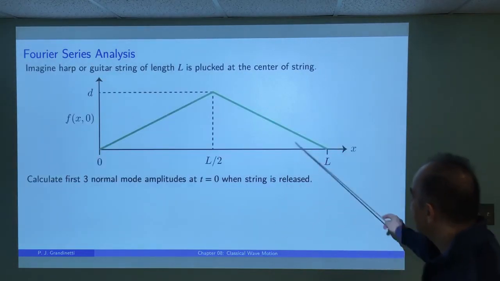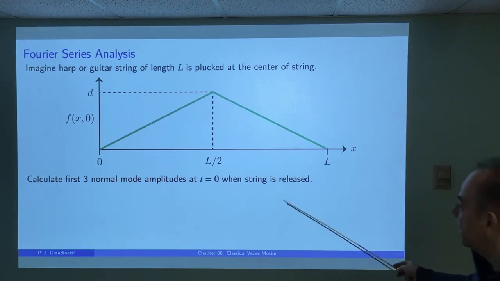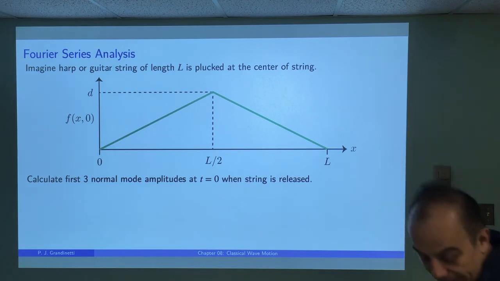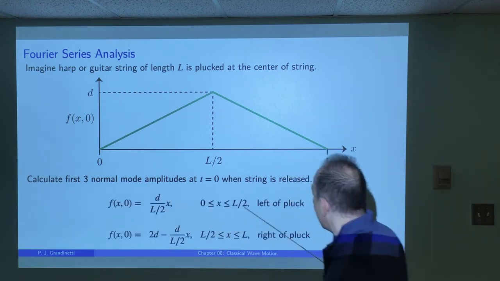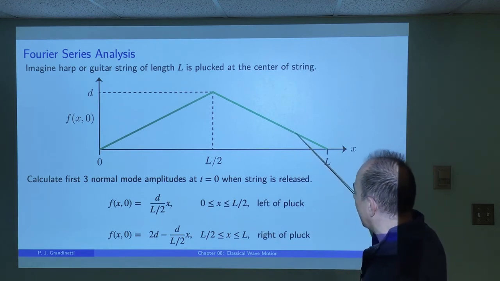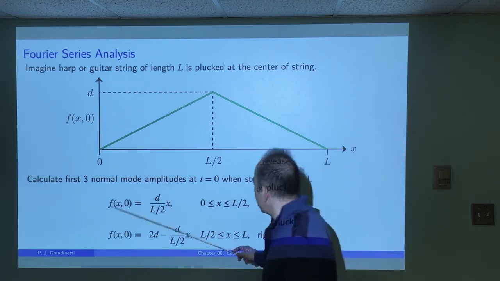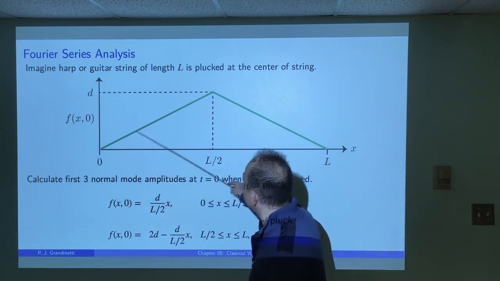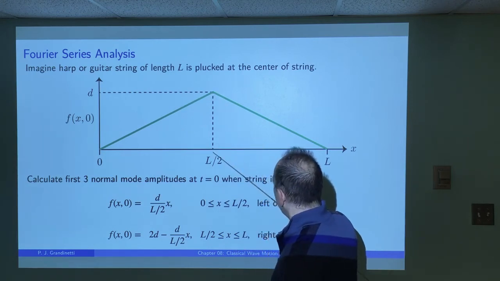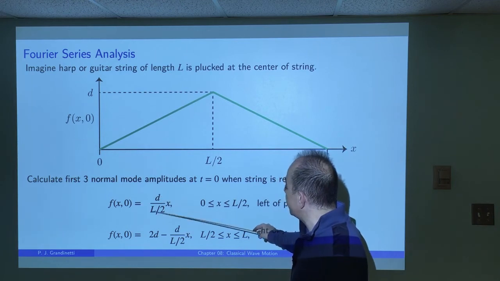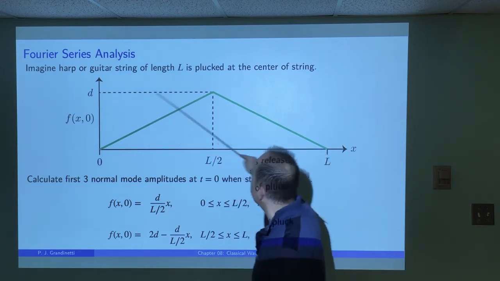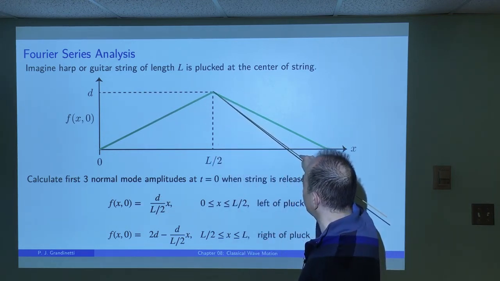So we're going to take that shape, and we're going to calculate the first three normal mode amplitudes that contribute to making that shape. First I have to write that wave function that describes this. If you look at this, it's not so bad. You have a straight line up to L equals L over 2, so that means it has a straight line with the slope of D over L over 2, where D is the initial amplitude that we pull the string out to.